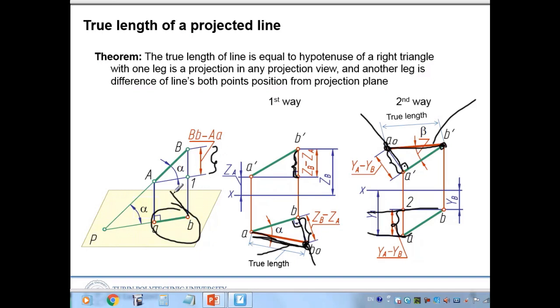So we put that distance there, and then we are making this AB. It is the same as if we rotate this one and put it to the side. Okay, so the B is here.